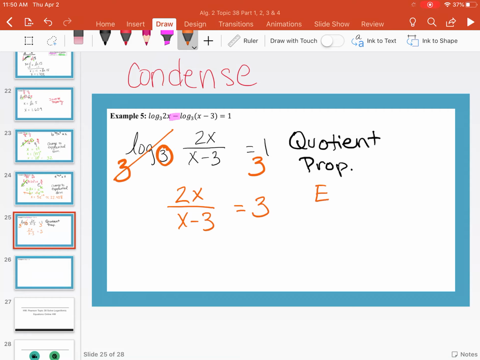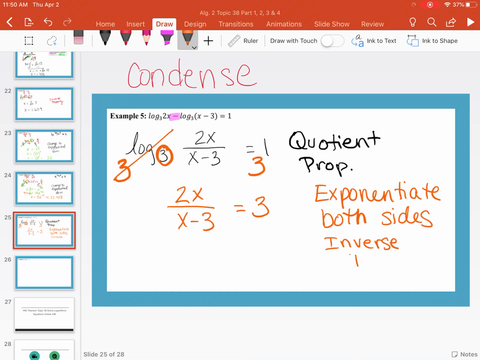So here we are exponentiating both sides, or basically changing to exponential form. Now we can simplify it by using the inverse property. That's why it canceled out.